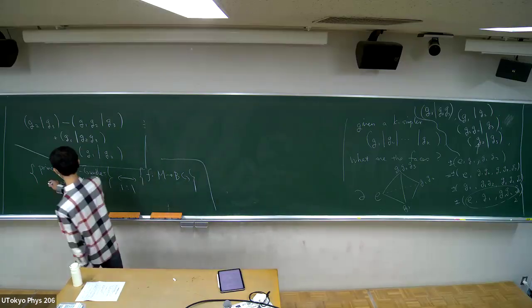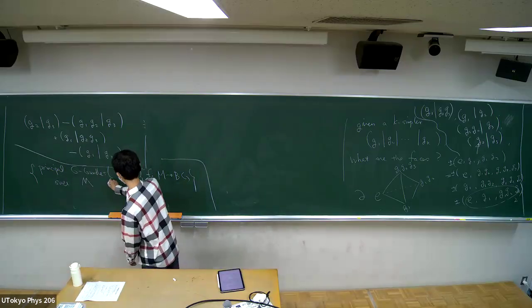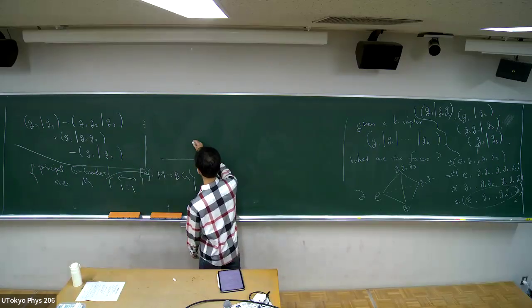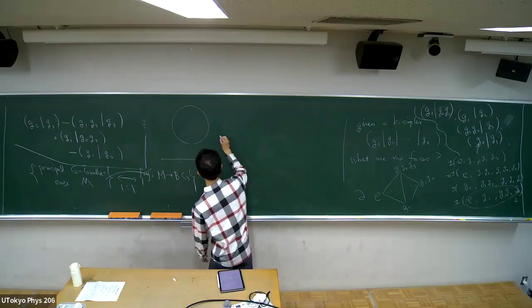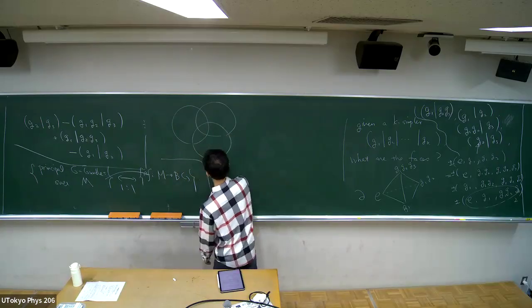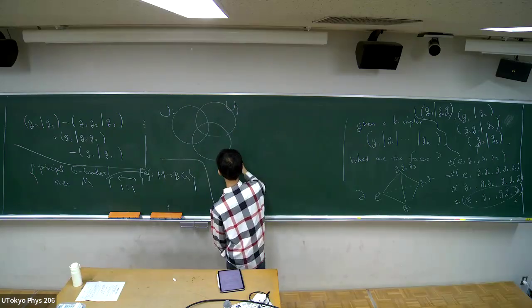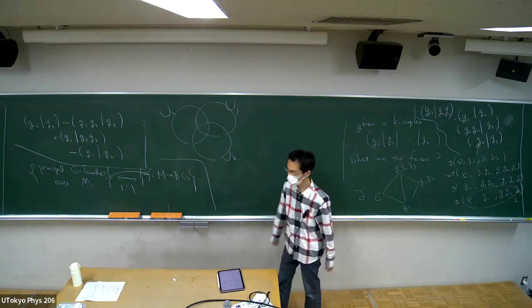So let me construct a map from this to that, right? So M is covered by patches UI, UJ, UK, and so on.